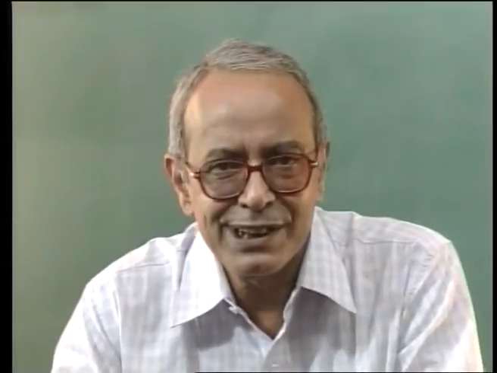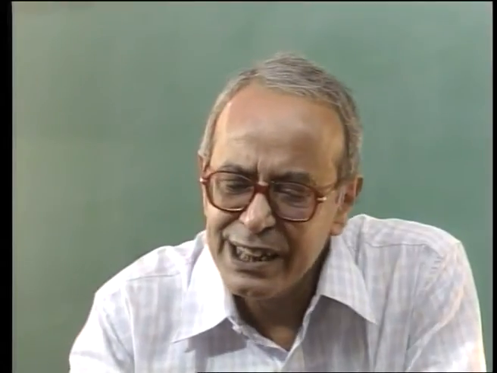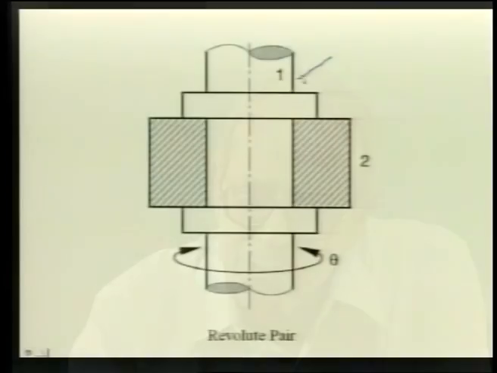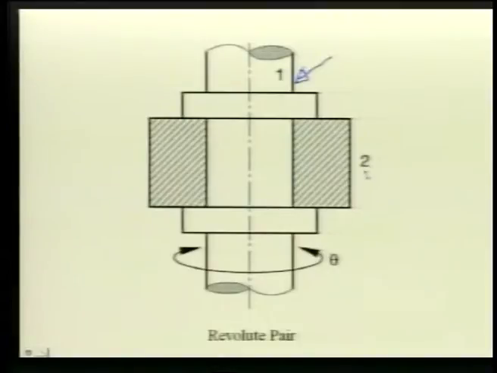Let us now discuss 6 different types of lower pair. As shown in this slide, 2 bodies, namely body 1 and body 2, are connected by this kinematic pair, which is known as a revolute pair. This is a simple hinge joint. This portion of body 1 is a cylindrical pin which goes into a cylindrical hole in body 2.